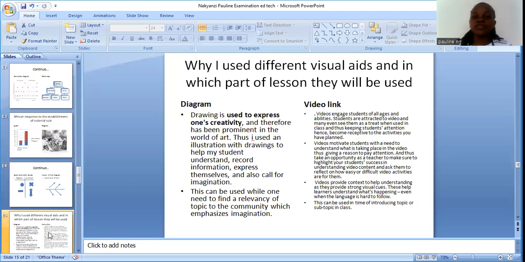And below, it will explain why I use different visual aids and in which part of the lesson they will be used.